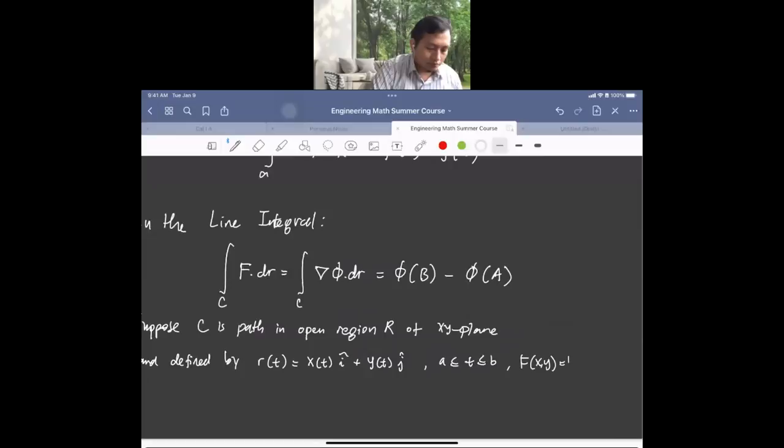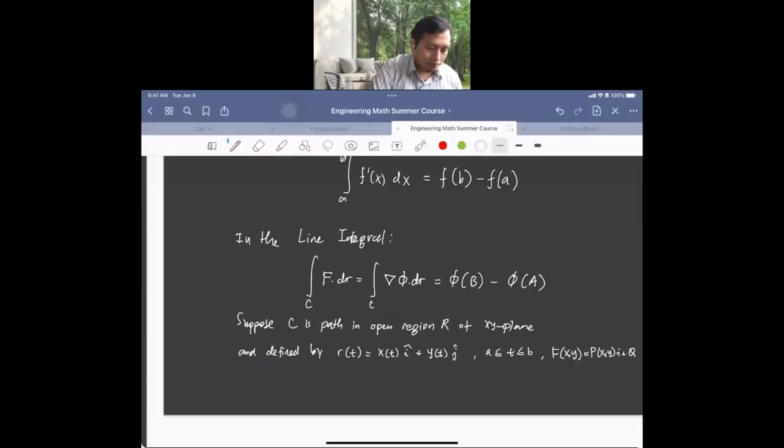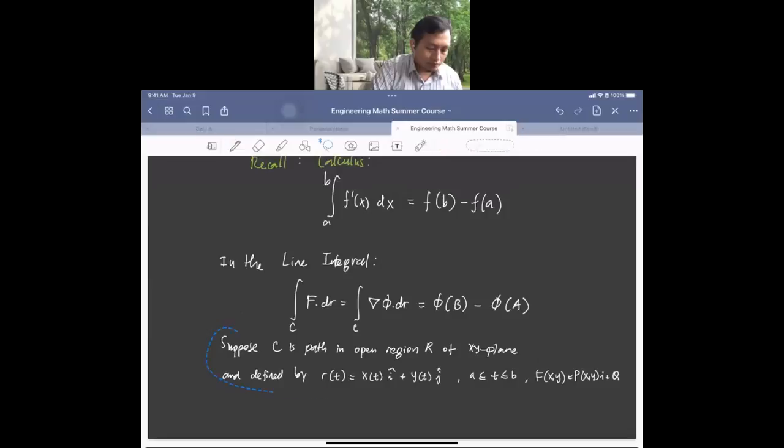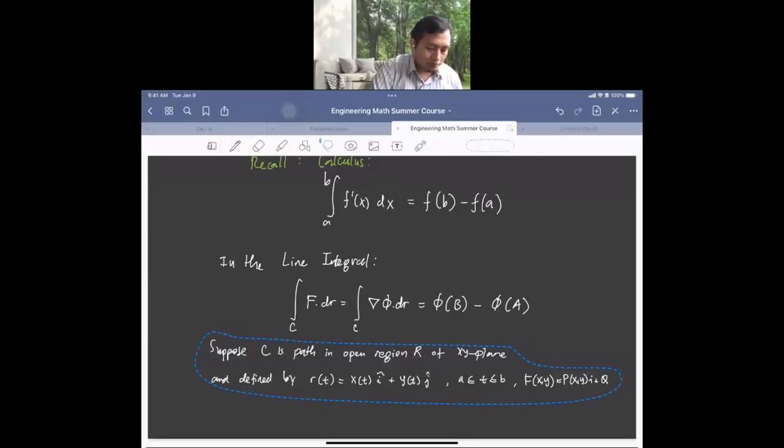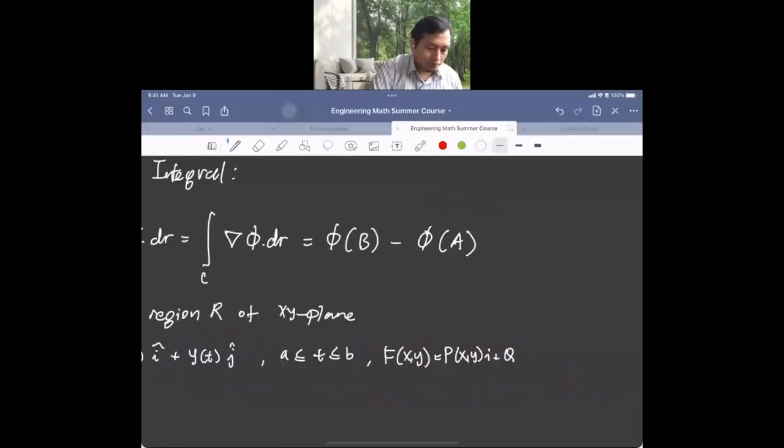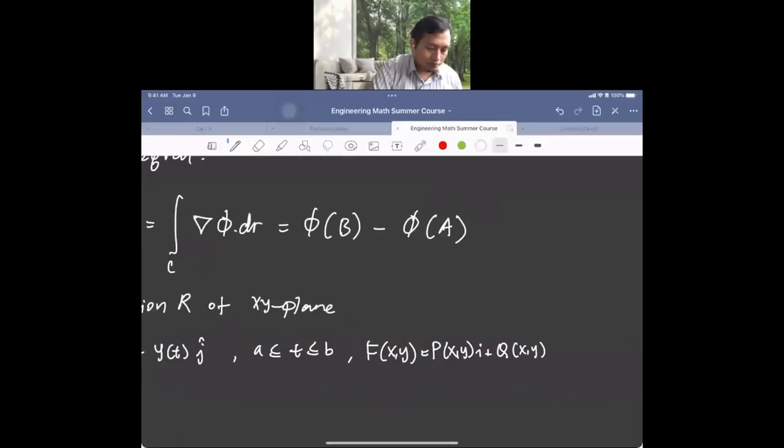And then F, the vector field, is P(x,y) i plus Q(x,y) j.